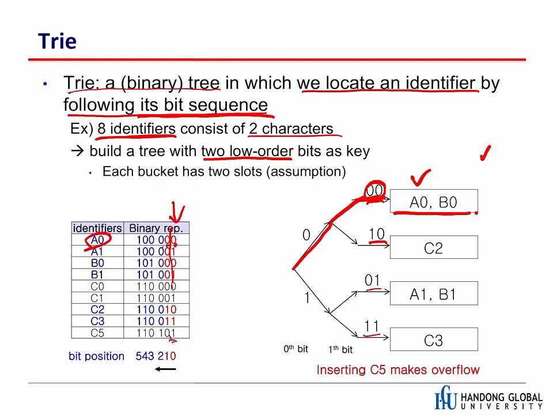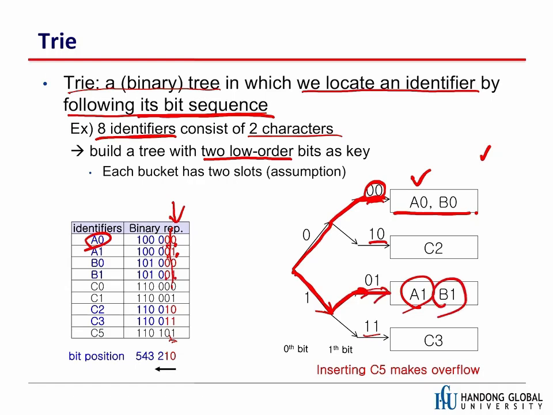So we have a 0 here. Let's try a couple more things. For a1, the first thing is 1, so we follow this edge. And then the next one is a 0, and we follow this one. So we have a1 here. And let's try b1 too. The first one is 1, and the second one is 0. We have b1 here too.